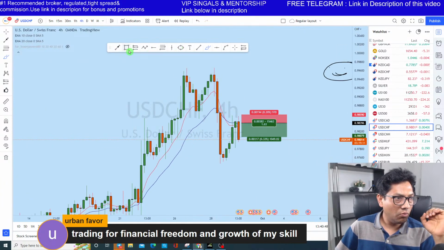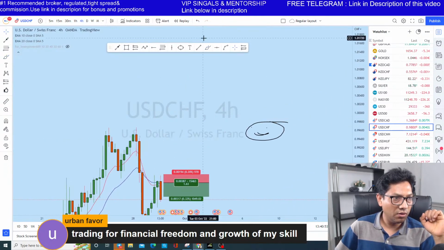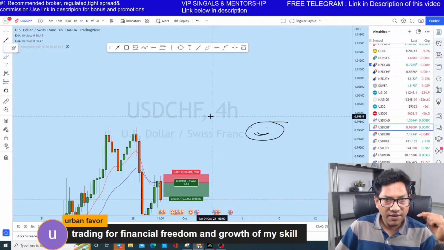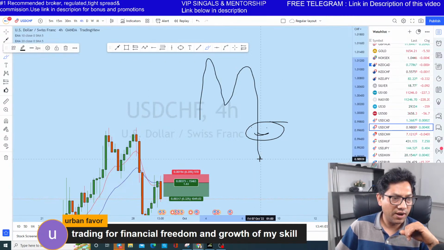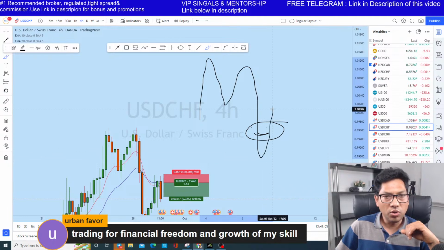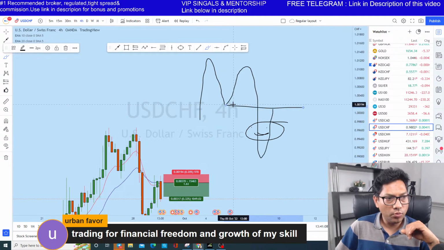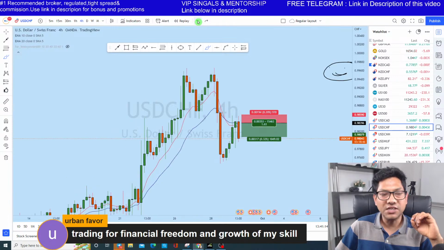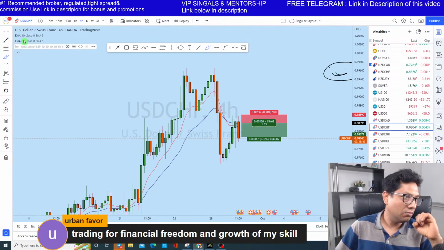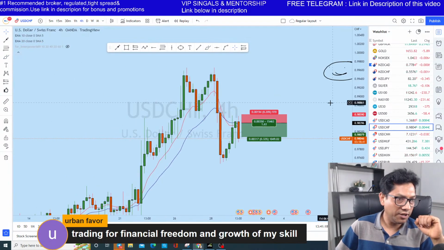First of all, when you see a reversal, always keep in mind, I never trade a reversal by guess, and I don't recommend any student to trade a reversal by guess. So this is a reversal, right? Double top. What you need to do is wait for the neckline to be tested, previous support acting as resistance, and then need a price action confirmation for selling or taking the trade.